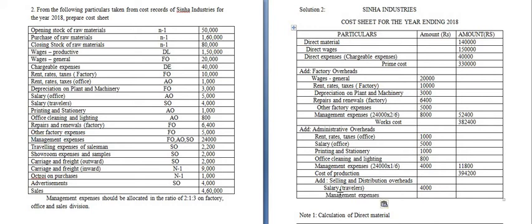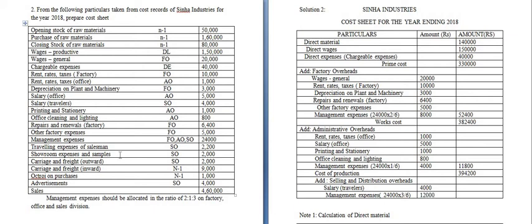So there is an adjustment. Total amount is 24,000. And ratio for selling and distribution overheads is 3 divided by 6. Okay, now calculate this, that will be 12,000.